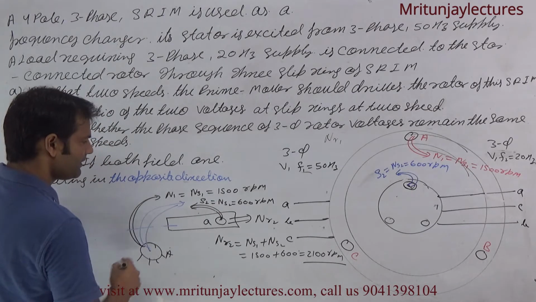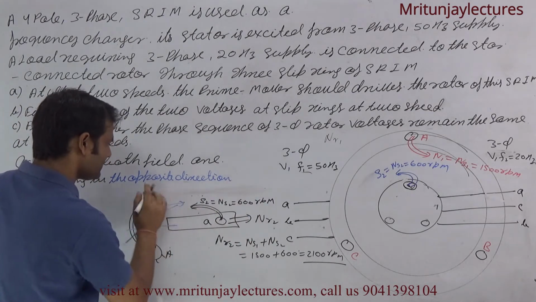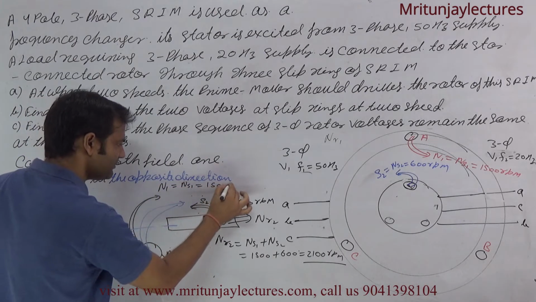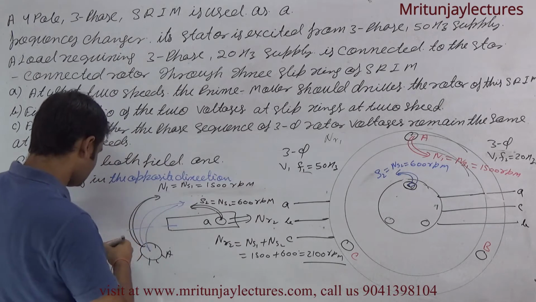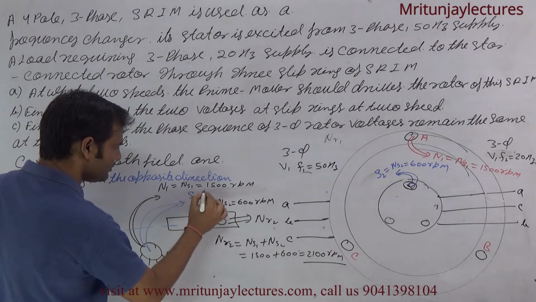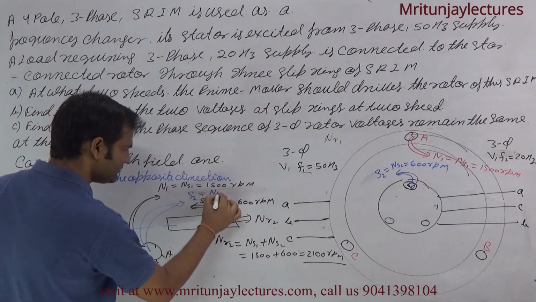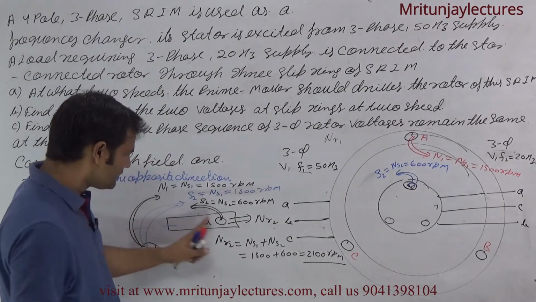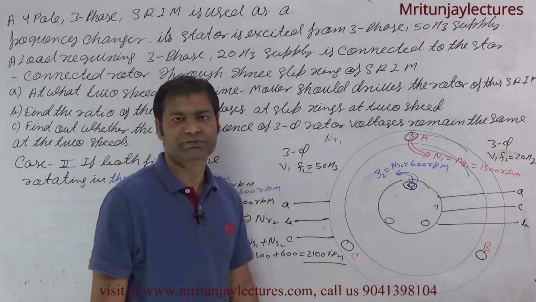Okay, clear? N1 corresponding to NS1, that is 1500 rpm, to make NS2 look like NS1, only possible if the rotor rotates corresponding to this one.